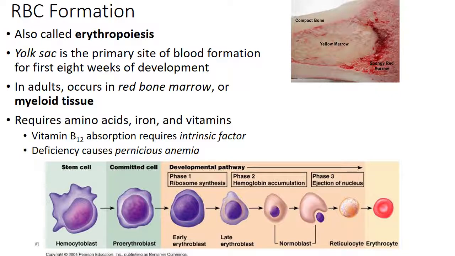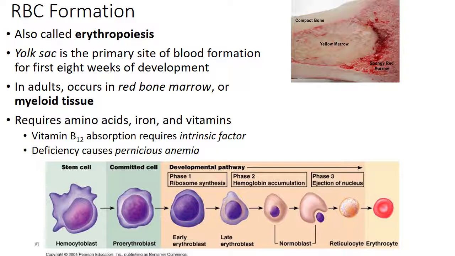So red blood cell formation continued. This is also referred to as erythropoiesis. We know that the yolk sac is the primary site of formation for embryogenesis, but as we mature into adults, we stay in the red bone marrow, particularly of the long bones.